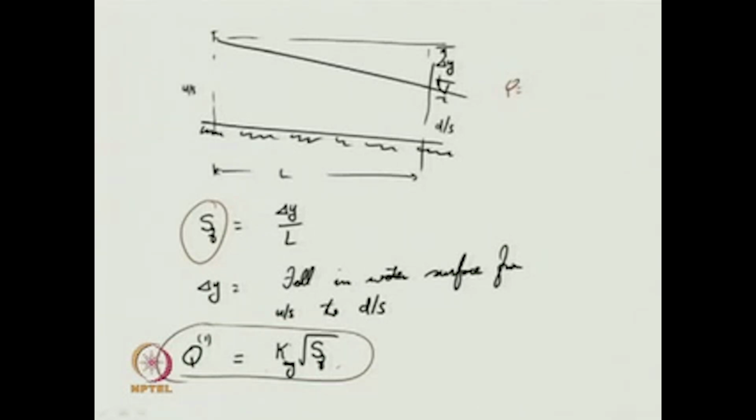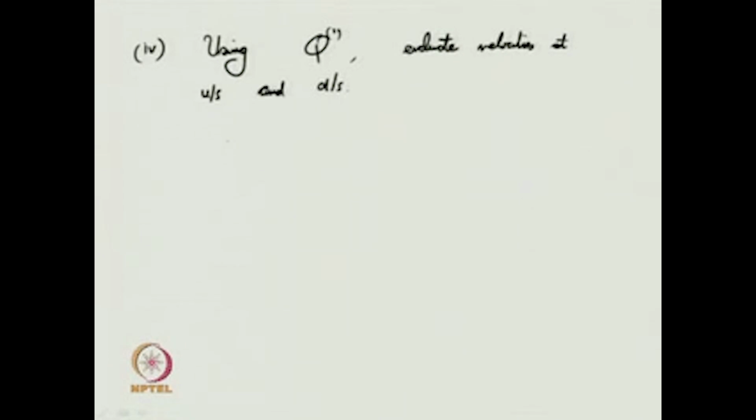Q is equal to A V, or V is equal to Q by A. Directly substitute them. So, at the upstream location, you will get the corresponding velocity V u s. At the downstream section, you will get the corresponding velocity V d s.